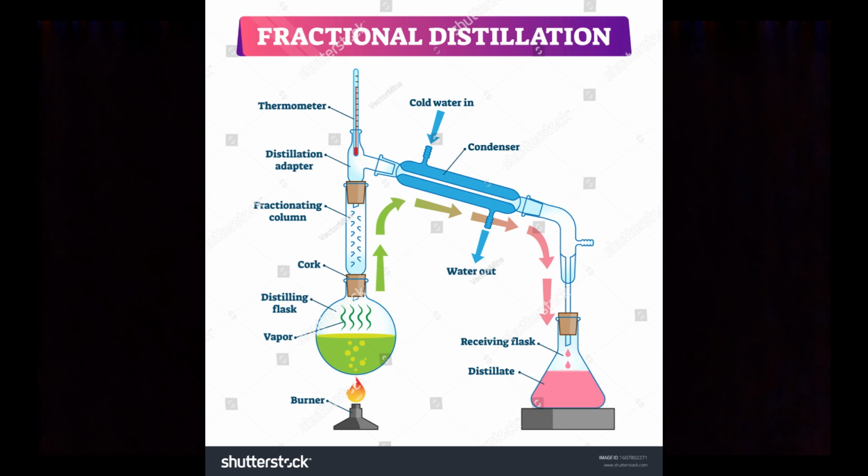before we get into the topic today, I would like to let you know that when there is a mixture of miscible liquids mixed together, we call it a solution. Now, the liquids, when they get mixed together, usually have different boiling points at normal conditions of temperature and pressure.